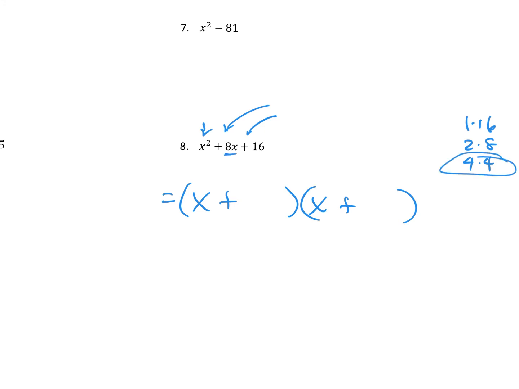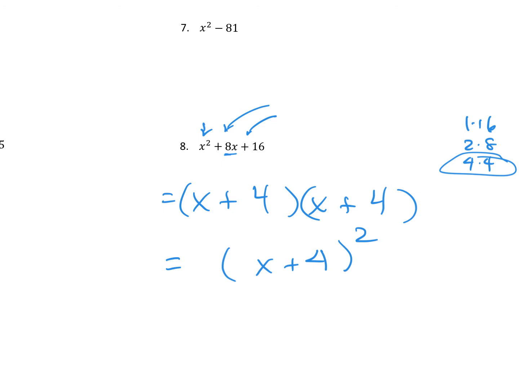That's going to be 4's. We put a 4 here and a 4 here. We get 4x plus 4x, that's the 8x, plus 16. Now we're not done yet. We have to rewrite this since the factors are the same. We have to pull them together and say that it is that factor squared.